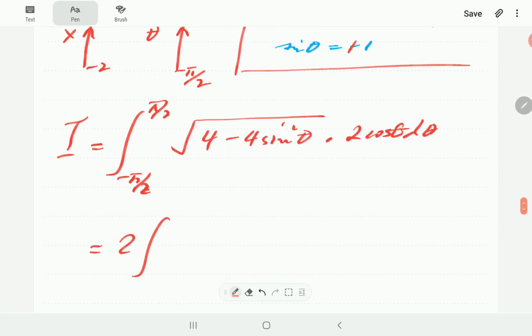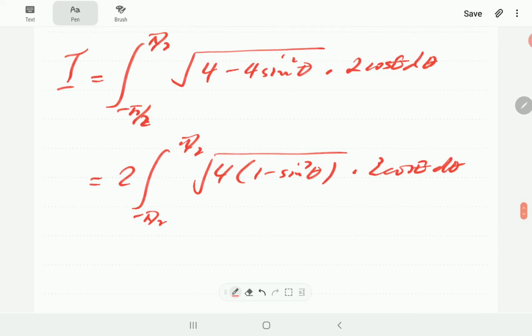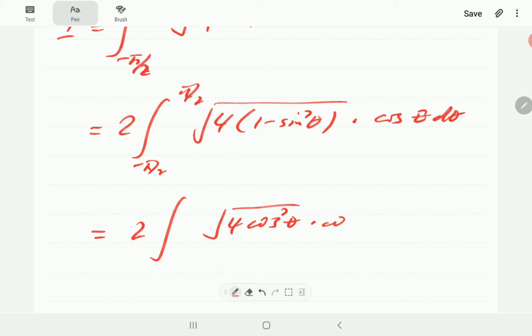The 2 we can factor out, then inside the square root here is 4 into 1 minus sine squared theta. So 1 minus sine squared theta we know is cosine squared theta. So this is going to be the square root of 4 times cosine squared theta. Sorry, the 2 we already factorized. So this is just cosine theta.